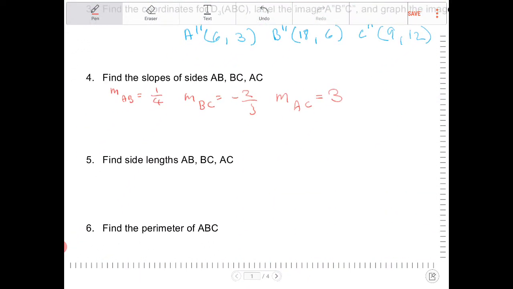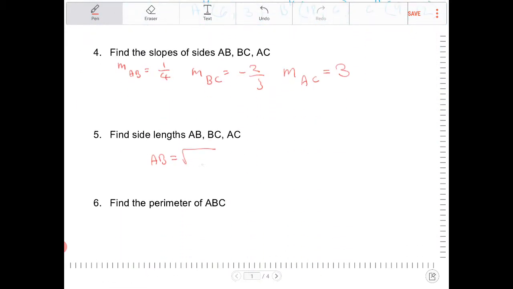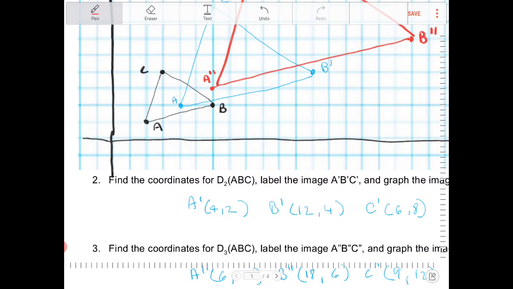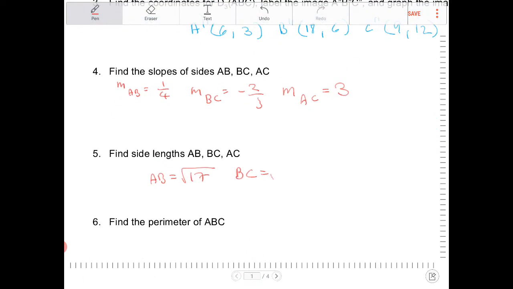Then it says find the side lengths of AB, BC, and AC. So AB will be square root of, I go 4 over and 1 up, so that's square root of 17, right? 4 squared plus 1 squared. BC, I'm going to go 2 down and 3 over, right? So that's 2 squared plus 3 squared, so that's square root of 13.